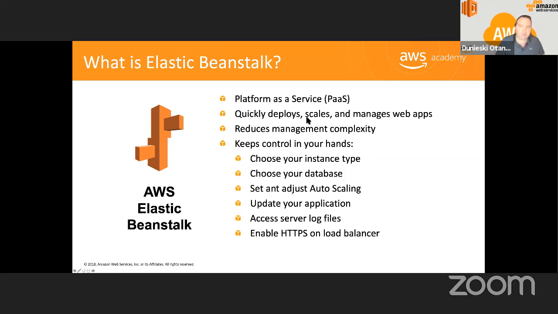You just upload the code. Let's say that you want to load an HTML file that contains some headings and all that. What you have to do is zip it and upload it to Elastic Beanstalk. And Elastic Beanstalk will create the server that we created before to display that hello text with Apache server.